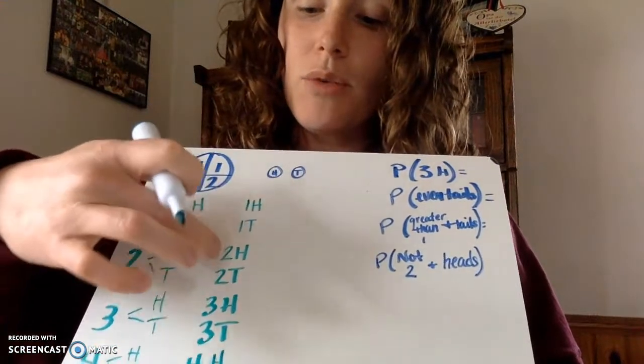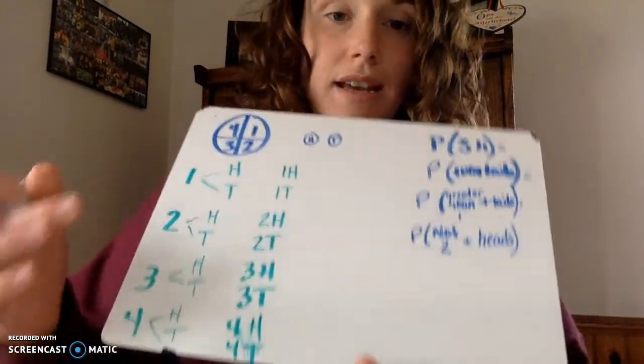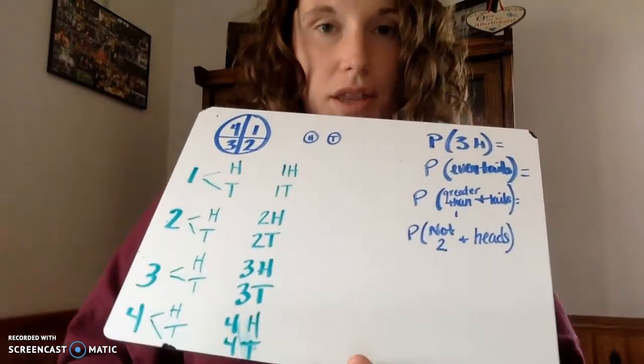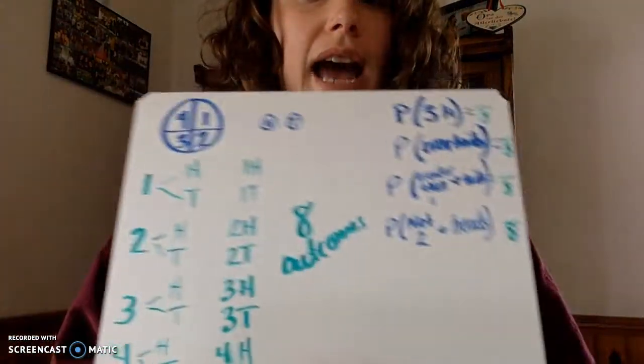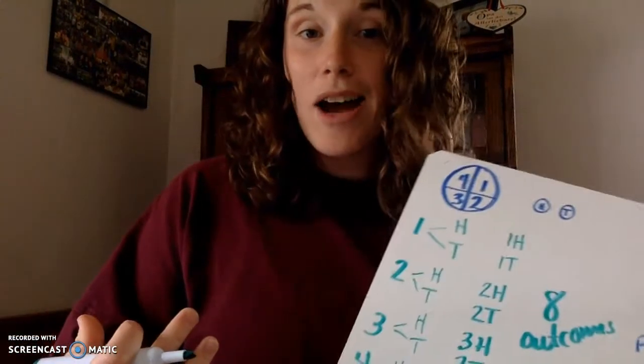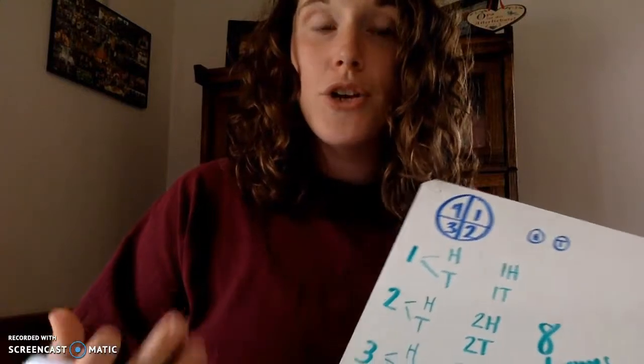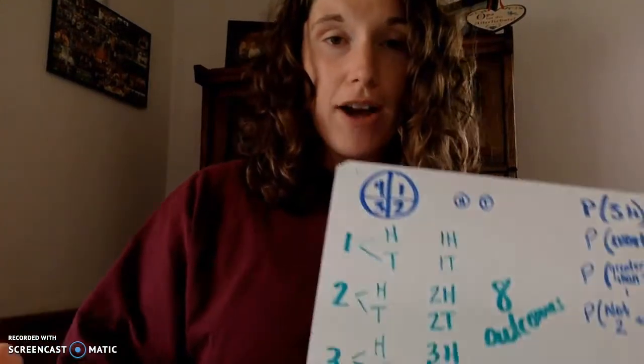So I'm going to count all of my outcomes: 1, 2, 3, 4, 5, 6, 7, 8. I have 8 total things that can happen. So that's always going to be my denominator. In all of these probability questions, I'm going to have out of 8, and I now just have to figure out the numerator, or the top number of that fraction.